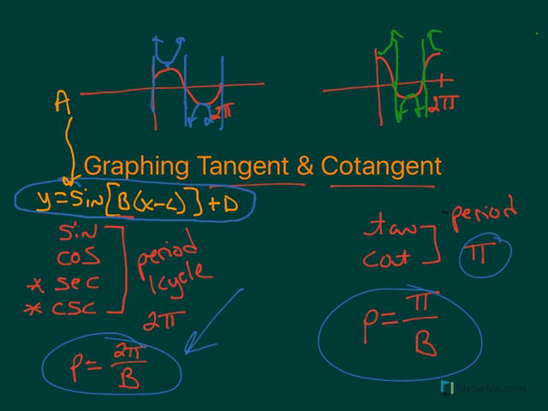So let's go ahead and look at the fundamental cycle, or the starting cycle, for tangent, and then we'll do cotangent. And just like when we first started learning to graph sine and cosine, we did an input-output table. So let's do a quick input-output table for the tangent function.